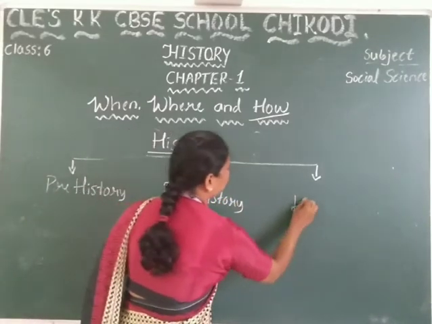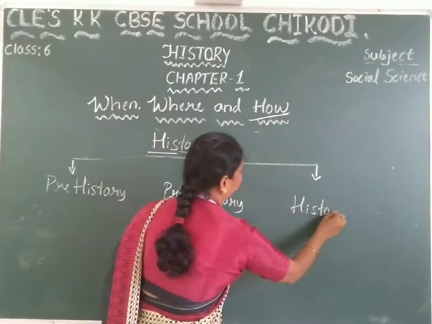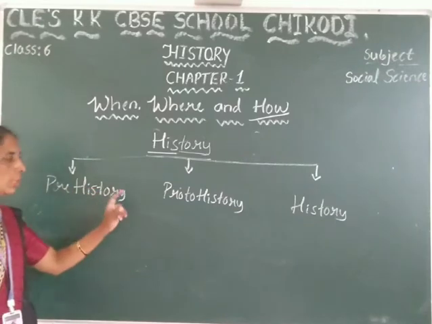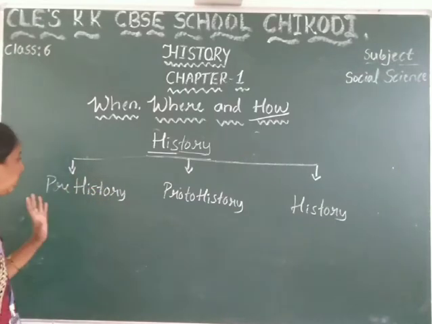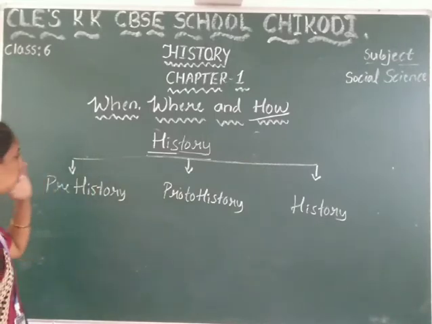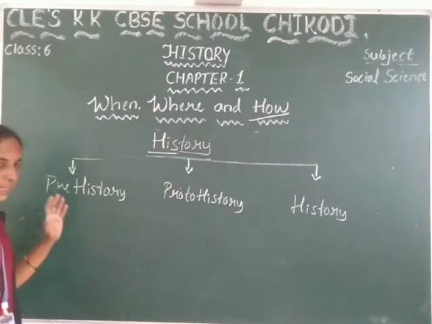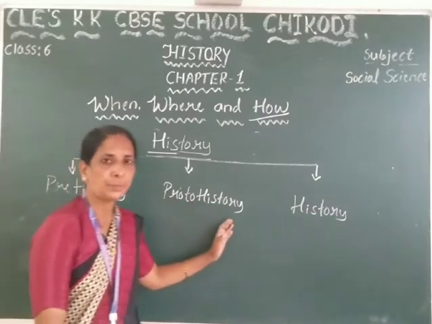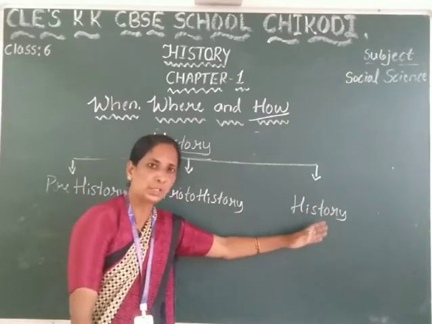And third one is history. Okay? History is classified in 3 groups, otherwise 3 categories. So first is prehistory, second is proto-history, and third is history.